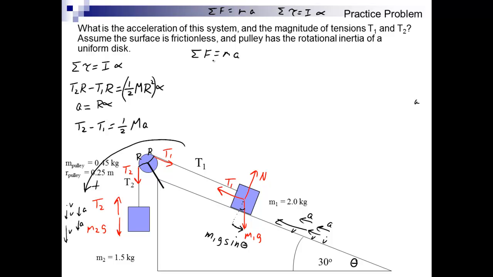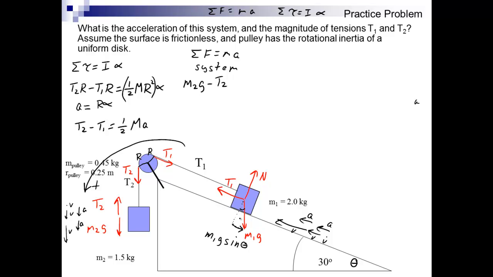Let's look at the system first. So we'll look at the system. For its system equation, let's take into account M2G and T2 first. M2G is in the positive direction according to our coordinate system, so we'll have M2G minus T2.